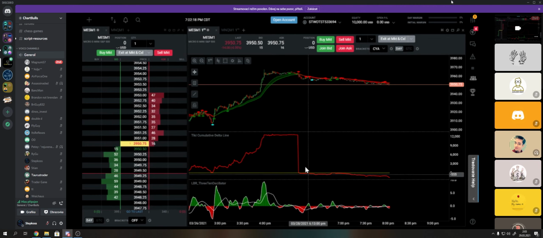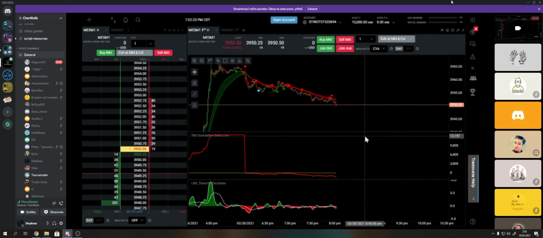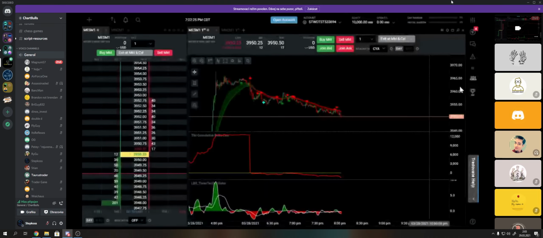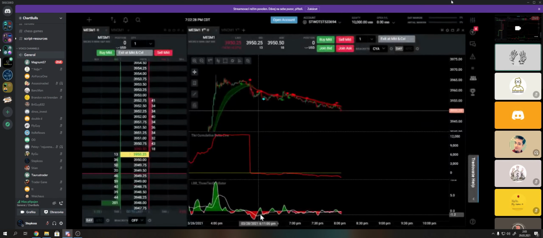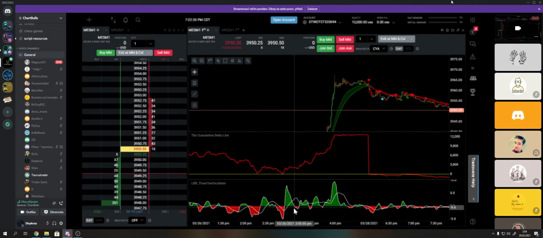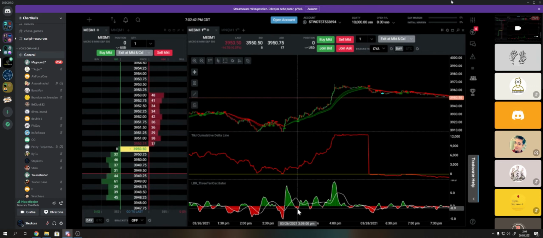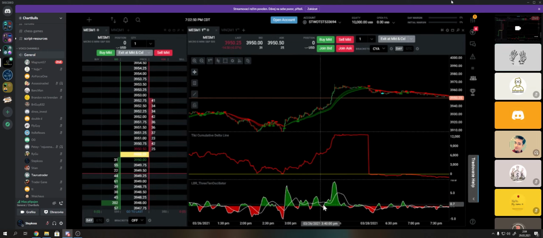And in that green area, any spot where it pulls back and you get those little red dips, those are good pullbacks to look for an entry if you miss the first push. It's not showing any bearishness, just a little bit of a pullback. It helps get in sometimes with better entries.